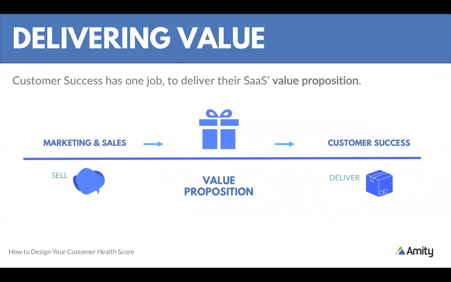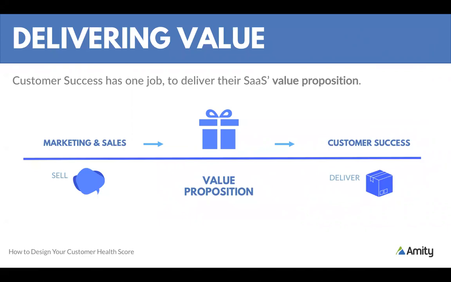And it's the customer success organization's job to deliver on that value proposition, both initially and repetitively over time, and hopefully in an increasing way. And so if the customer success organization is getting better at delivering the value proposition that the sales and marketing teams are selling, your performance will go up.